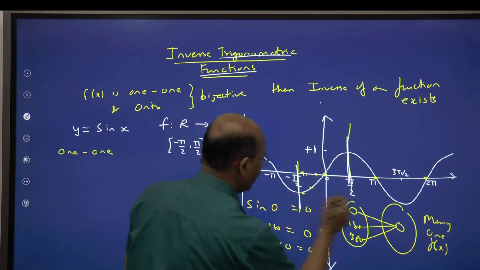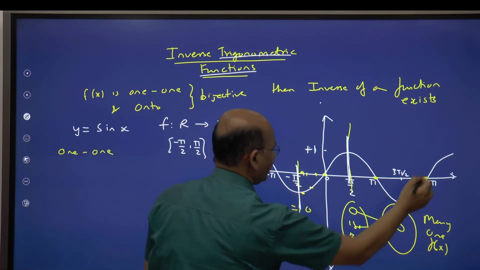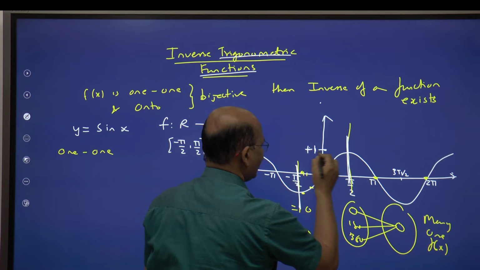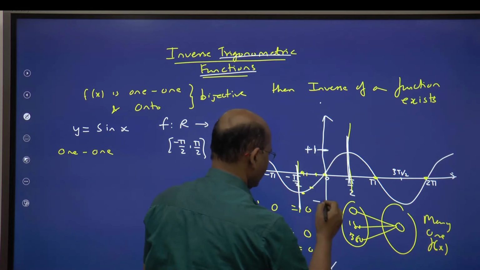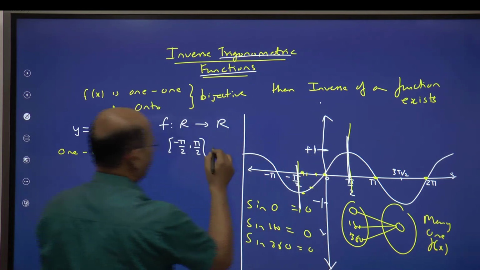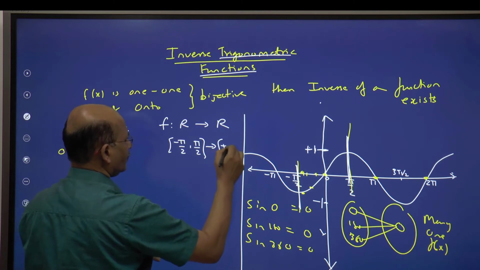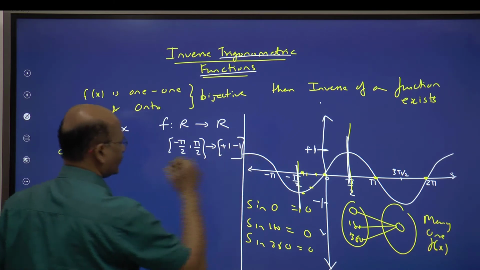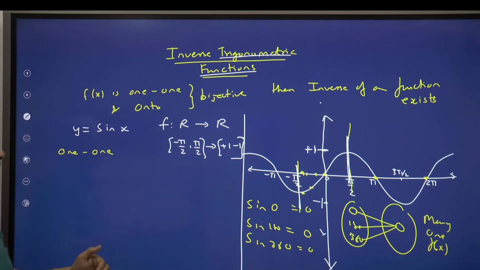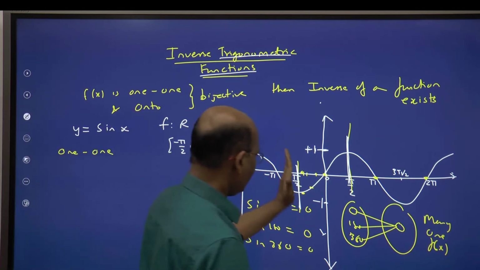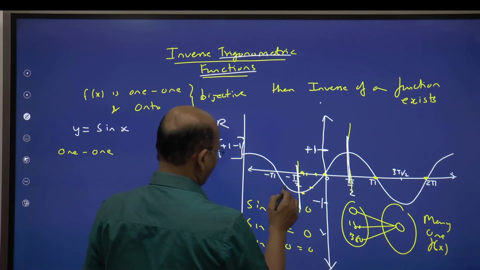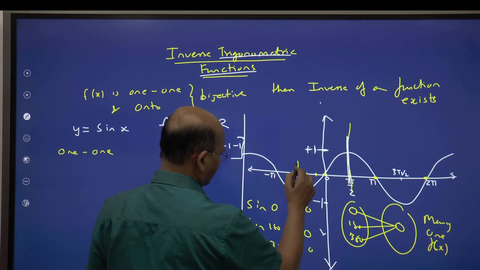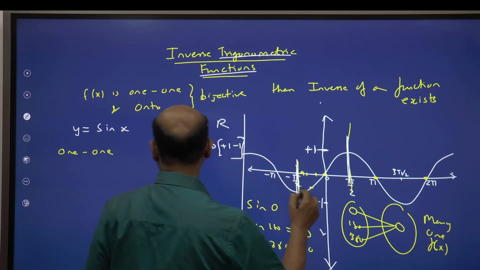what is the range here? It touches minus 1, it goes up and touches plus 1. So the range is minus 1 to plus 1. So if I limit this graph, look at this portion from here to here.